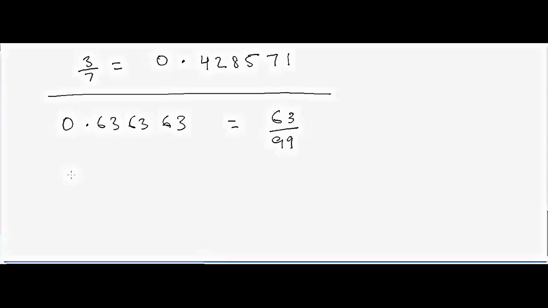And suppose we have the same thing with 0.787 repeating. All I need to do is write 787 divided by 3 nines in the denominator, and that will give me the fraction. So that's another quick way to get the fractions.